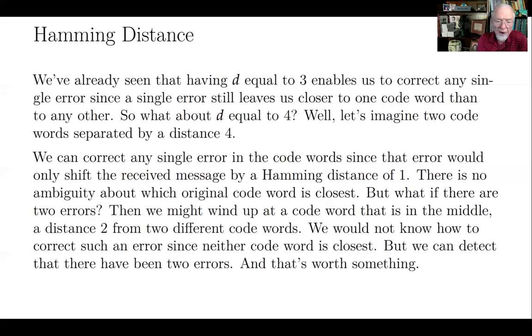But if there were 2 errors, at the middle distance between 2 code words, you could not correct them, because the distance from each of them would be distance 2. You can't correct 2-bit errors in a 4-bit code. But if we get a distance 2 from the code, we know that we've had 2 bits of error.